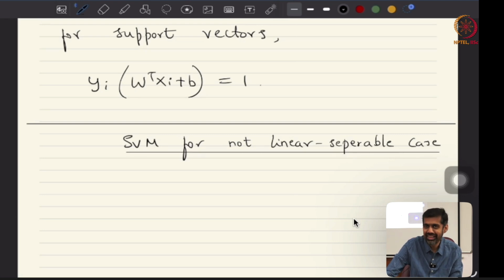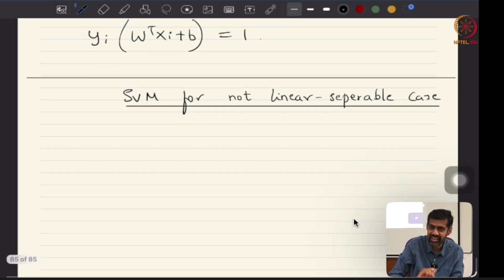Non-linear separable case, if I write it that way, would mean that there is a non-linear separating hyperplane. We'll consider that case later. So we'll look at the case where the decision boundary is still linear, but the data is not separable.